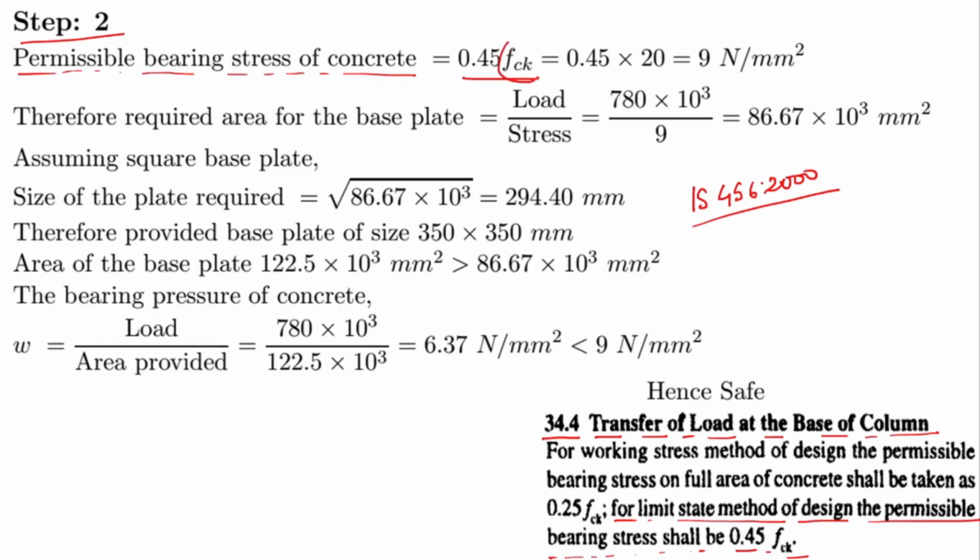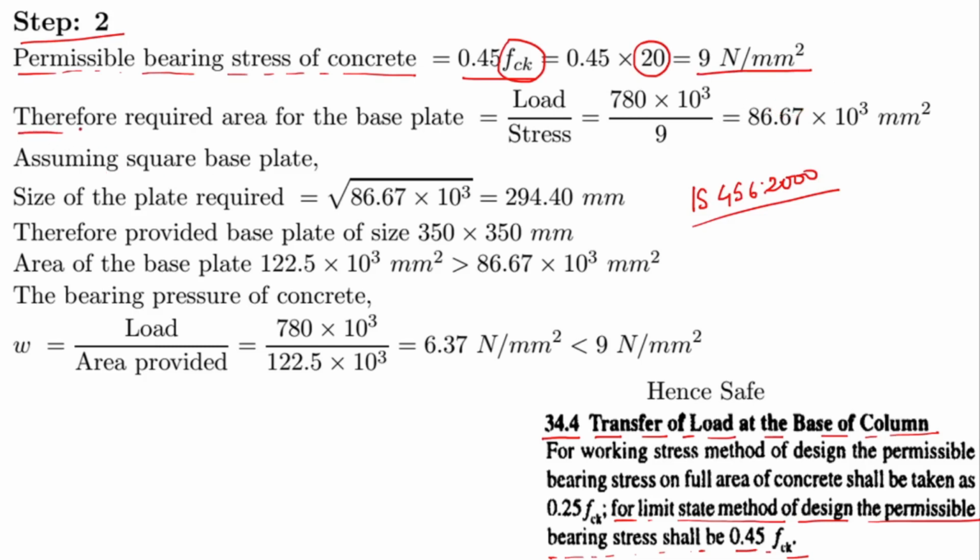Here fck is the compressive characteristic strength. So for M20 grade of concrete, already we have noted down that it is 20. So permissible bearing stress of concrete is calculated as 9 Newton per mm square.